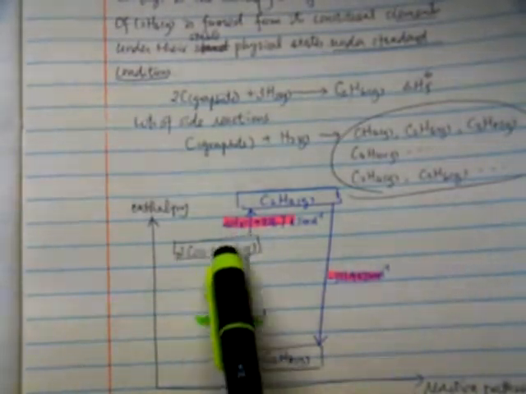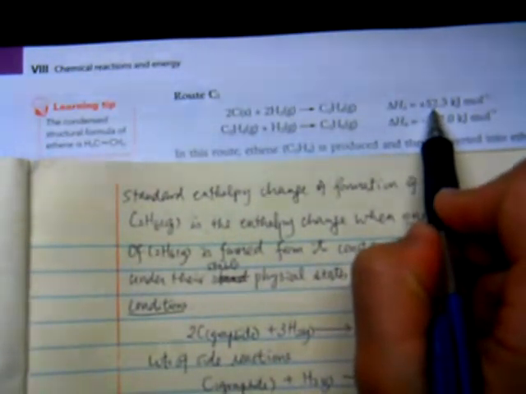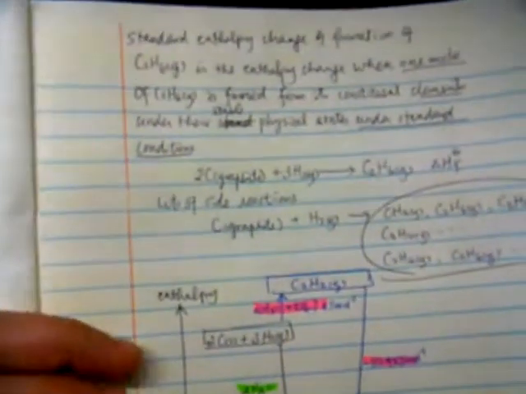Now remember, this is the first route in green. This is the second route, B, in red. Now I will draw the third route. The first step, positive 52.3, we should point it upwards.